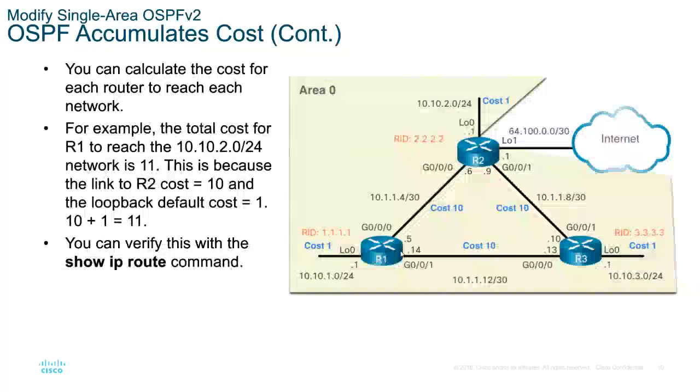So it still increments, but when you get into faster speeds, it's not reflecting the true available bandwidth and the capacity of those links correctly. So it's very important that we get those costings right so that the devices can determine the best path with the highest available bandwidth to get to our destination.